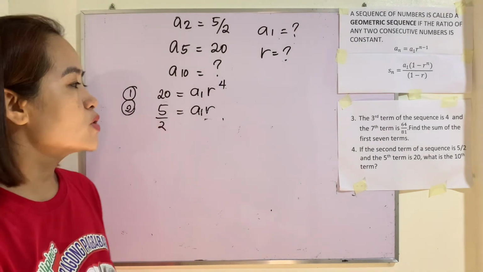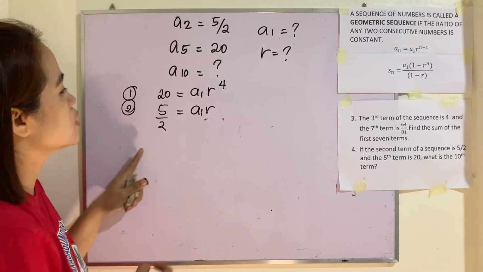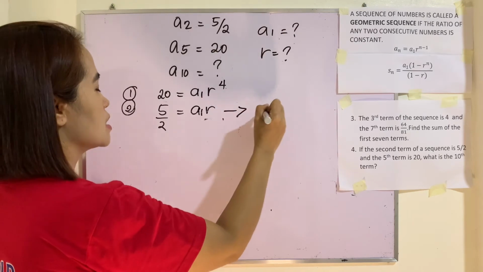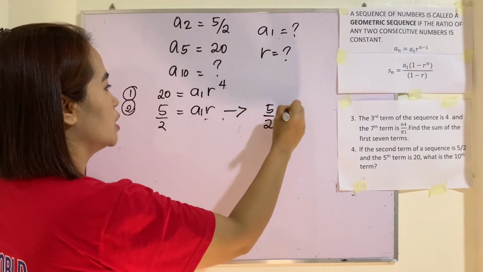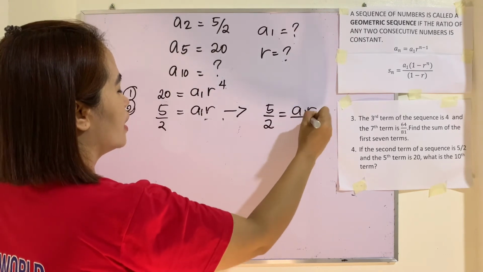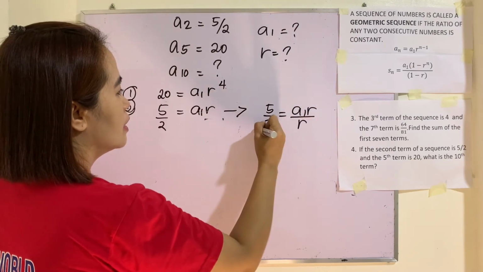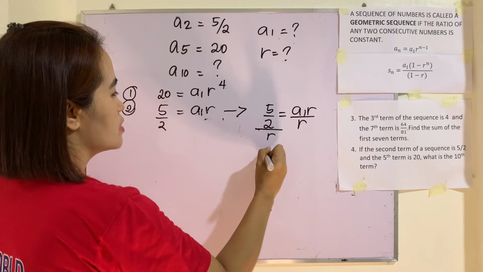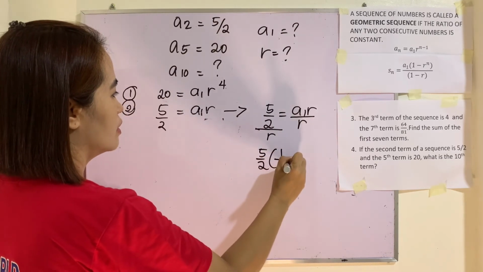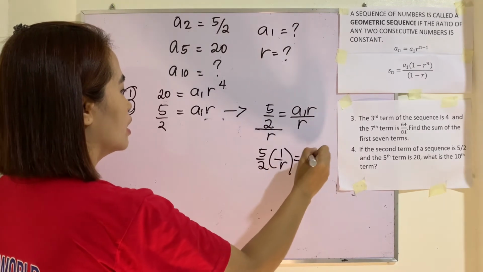So we have these two equations now, 1 and 2. Let us solve for a sub 1 here. This is 5 over 2 equals a sub 1 r. You divide both by r. So this one is 5 over 2 times 1 over r equals a sub 1.